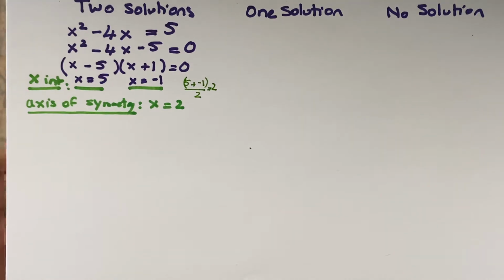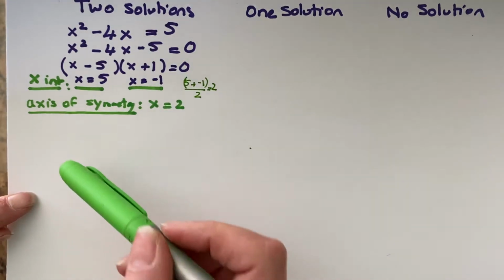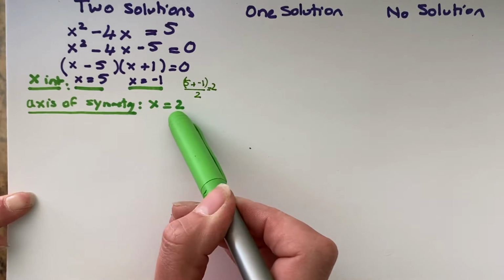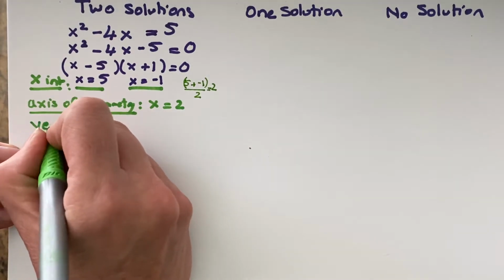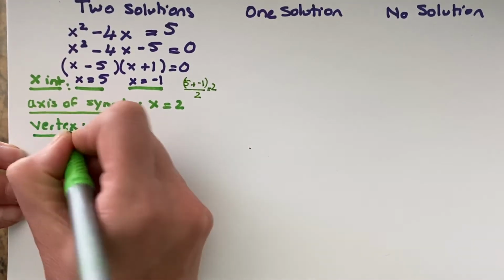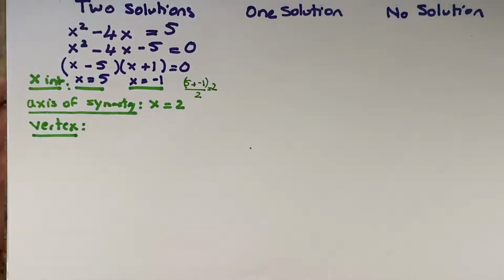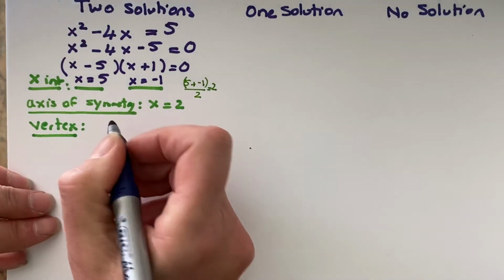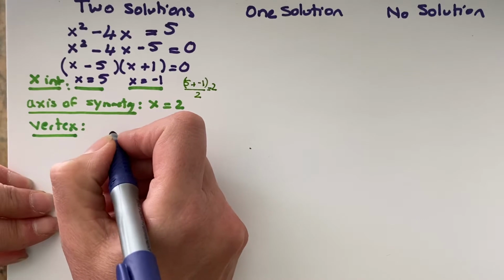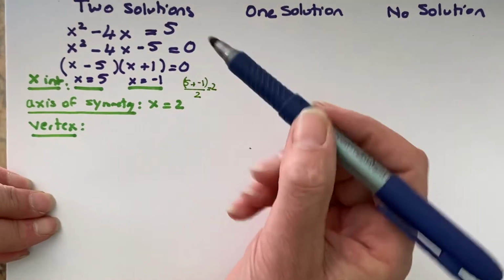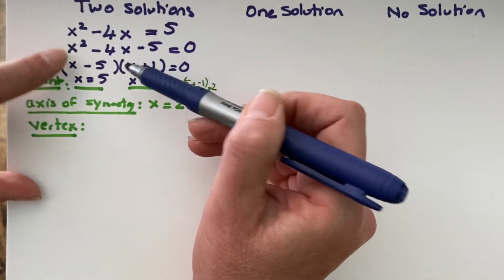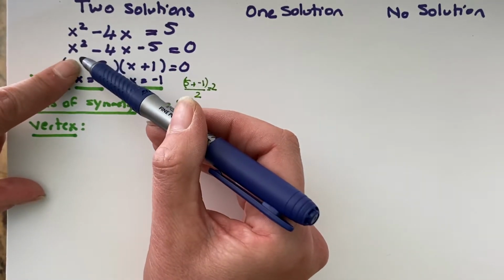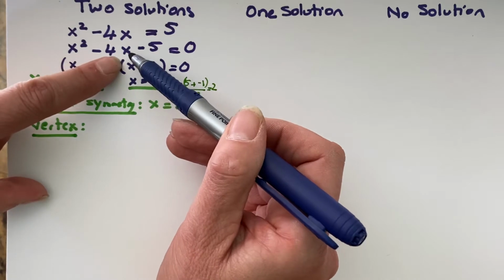All right, what else can I look at and get from this equation? Well, if I have an axis of symmetry, I can plug that in and get my vertex, right? So let me say I'm going to find my vertex this time. And if I plug everything in to get my vertex, I'm going to get, and I'll just do this with you as we go through it, 2 squared is 4. So let's do it on the second one, sorry. 2 squared is 4, minus 4 times 2 is 8.